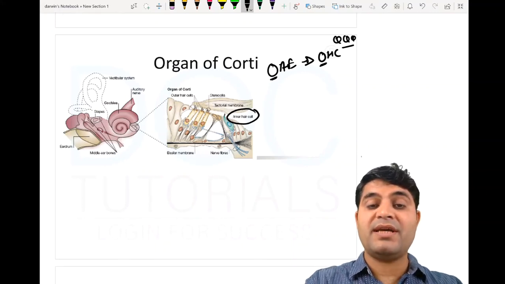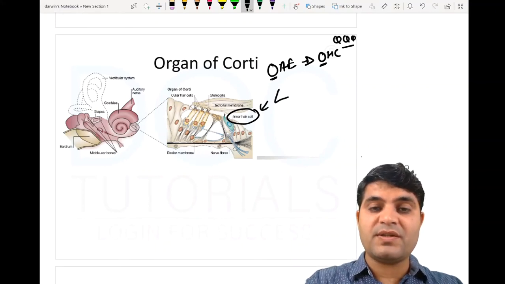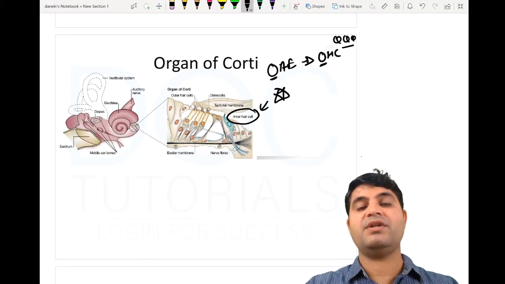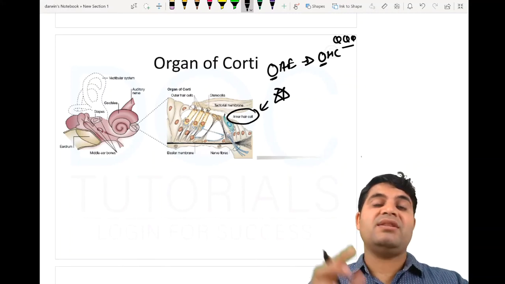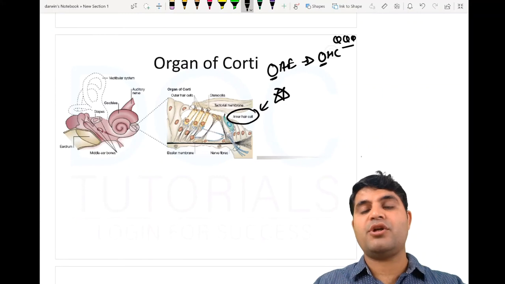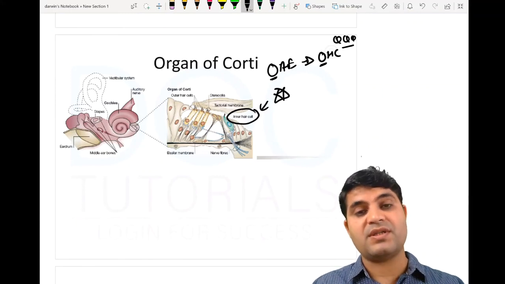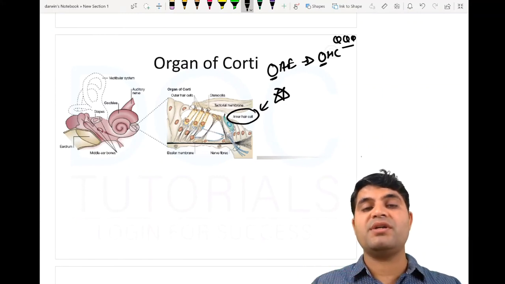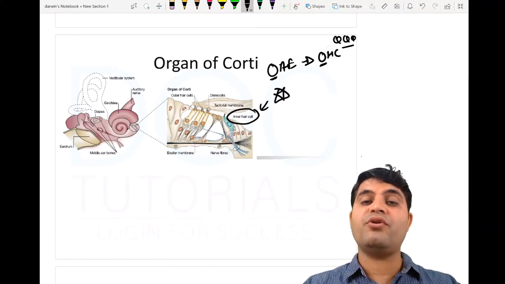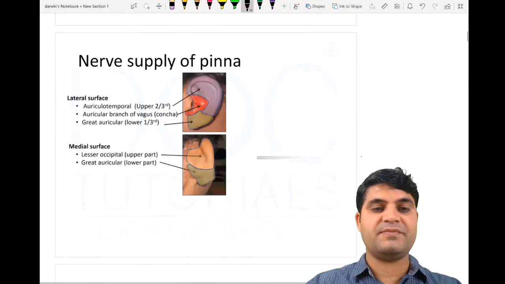Clear? Whereas the important one is the inner hair cell. It is not that outer hair cells are not important, they are also important, but it is the duty of outer hair cells to protect inner hair cells. Clear? So O for otoacoustic emission, O for outer hair cells.